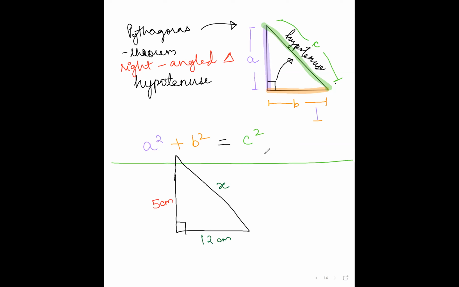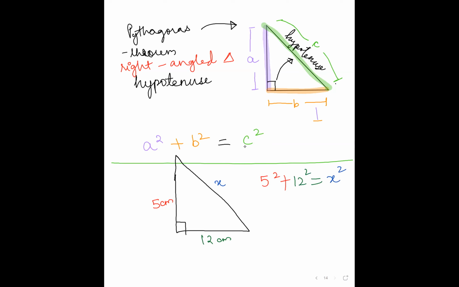How do you find the hypotenuse? Just now we had done this. 5 square plus 12 square gives x square. Very good.